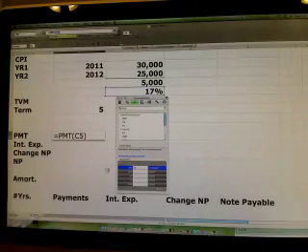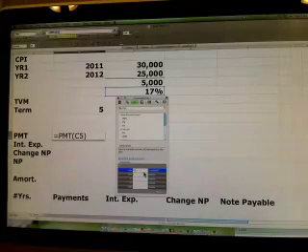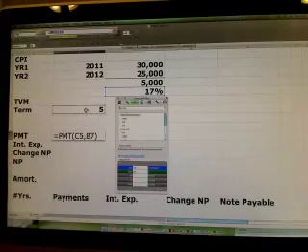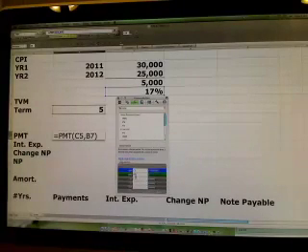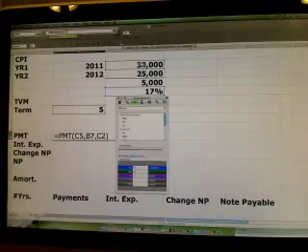Go back into the arguments, and where it says NPER, click in there. That means the number of payments. So go over to our term, which we stated was 5 years. That's 5 payments. Go back into the arguments, and where you see PV, which stands for present value, we stated that our present value was the $30,000. So click on it.